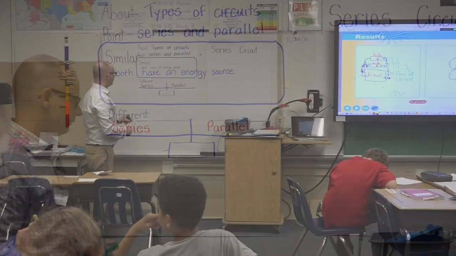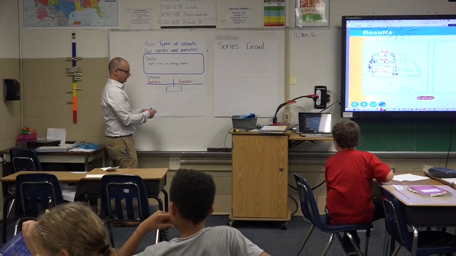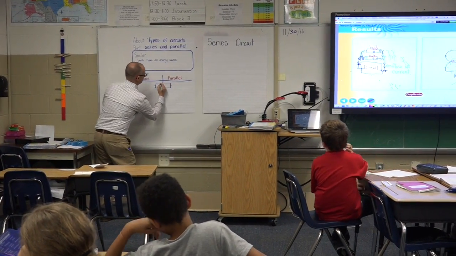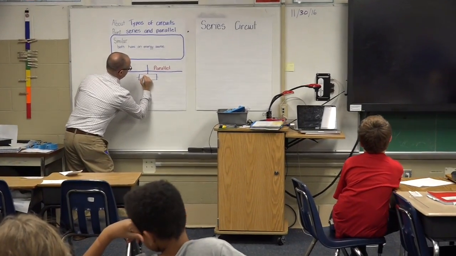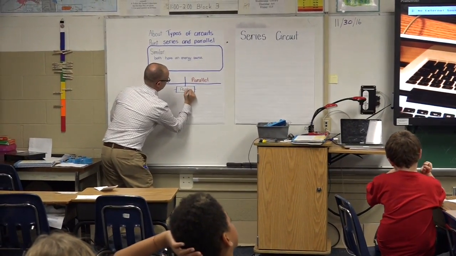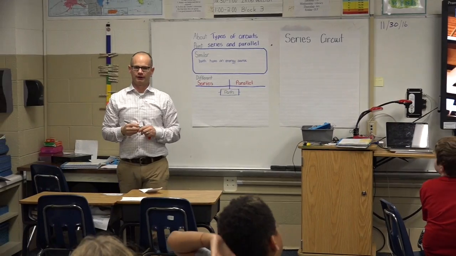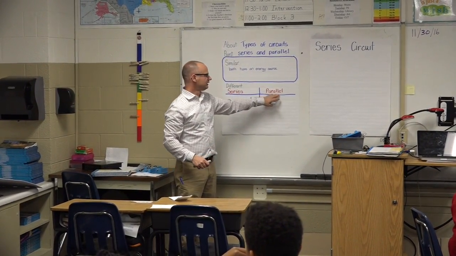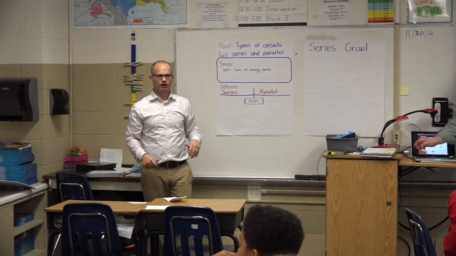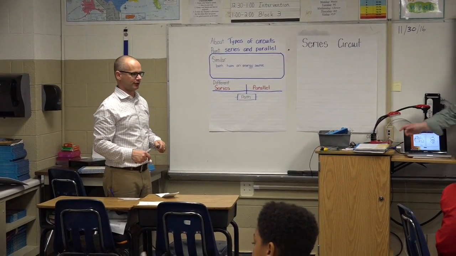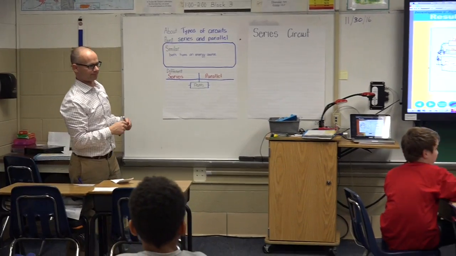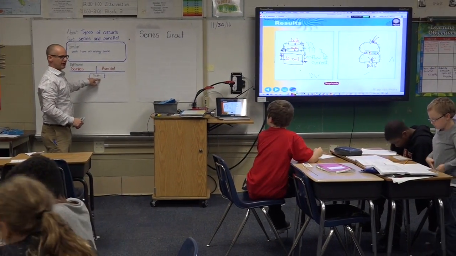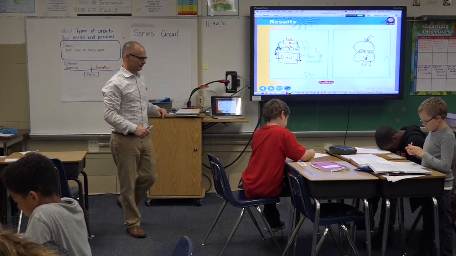What can you tell me about the path of the current? How is the path of the current in a series circuit different than the path of a current in the parallel circuit? Yep, so put that on there. Make the box. I'm sorry, I should have said that.